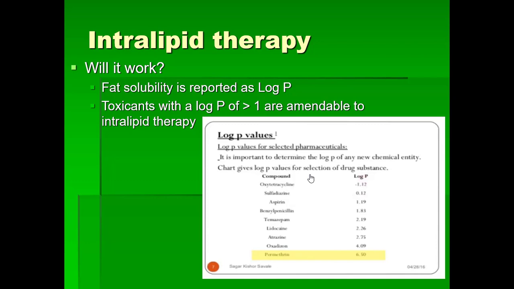So if the substance has a log P value greater than 1, it is amenable to intralipid therapy. In yellow, we see that permethrin has a log P value of 6.5. So any cat intoxicated with this pyrethroid would benefit from this intralipid therapy.